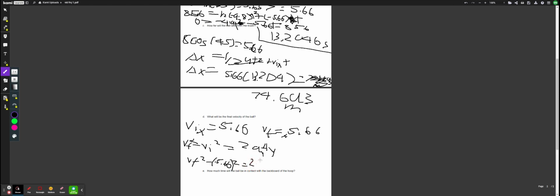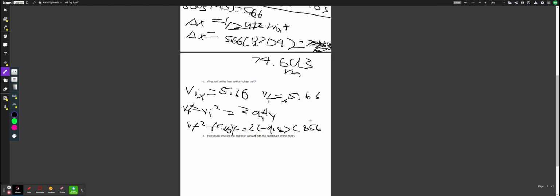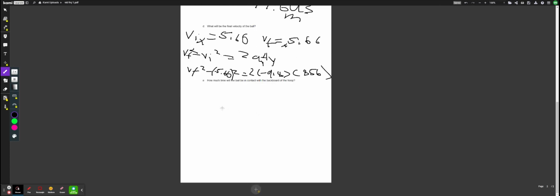Is equal to 2, acceleration is negative 9.8, delta y is 856. Give me a second, I need a bit more space.